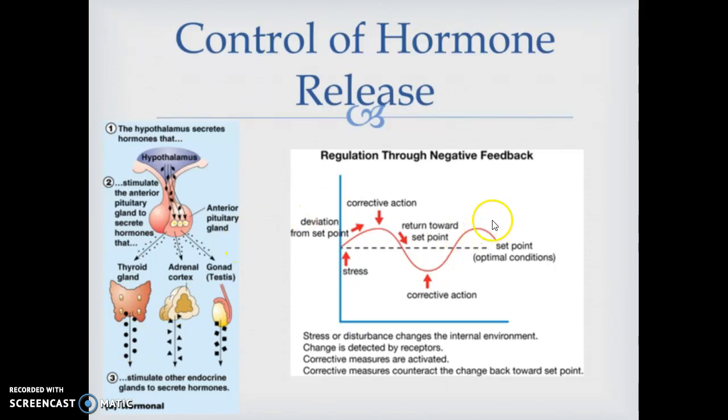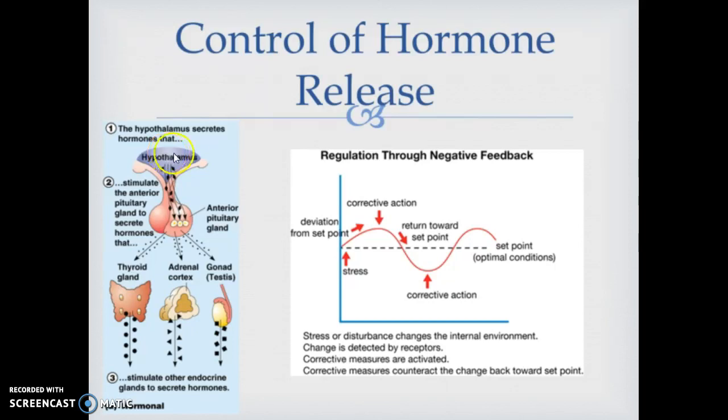Let's take a look at how this relates to negative feedback. We're looking at how much of this hormone is in the bloodstream. All right. So if there's not enough of this hormone in the bloodstream and the hormone is needed, we are moving away from the set point. All right. We need it. It's not there. We're moving away from the set point. So the lack of this hormone in the bloodstream is detected by the hypothalamus.